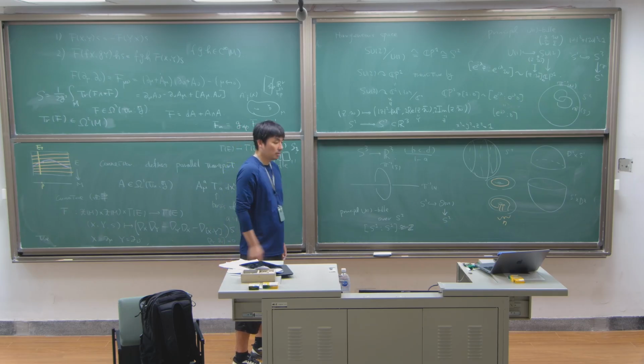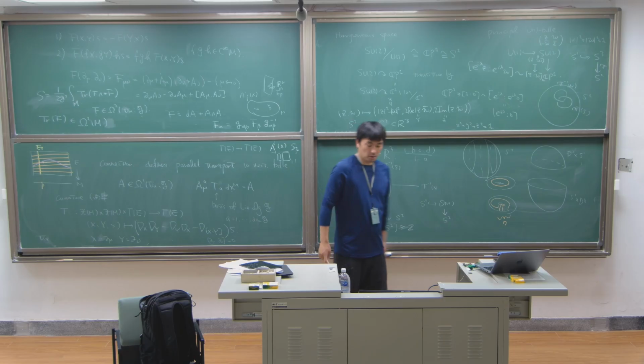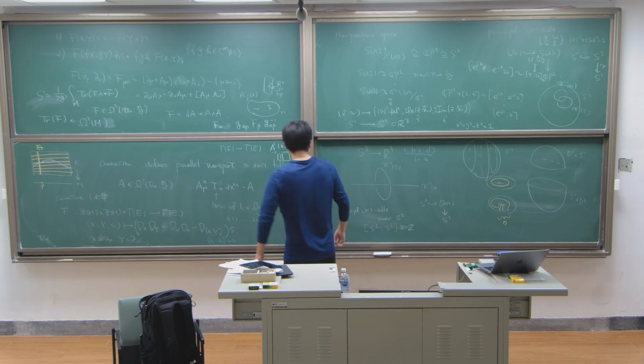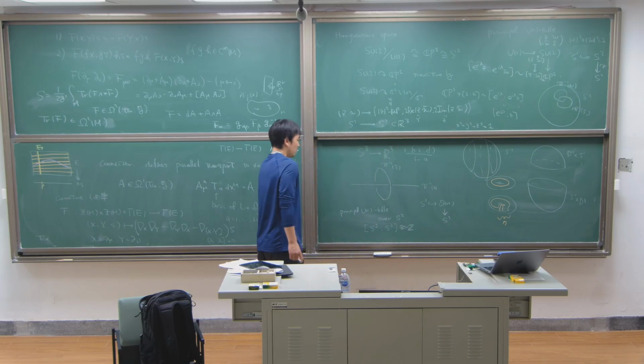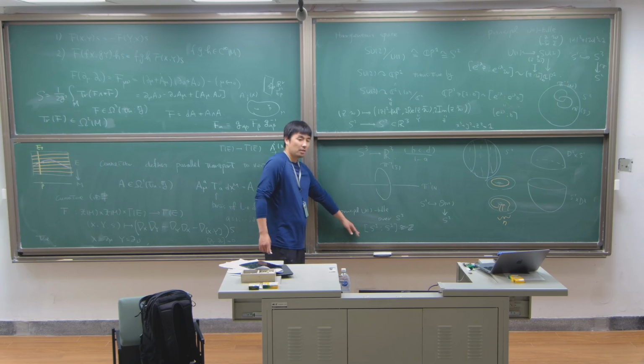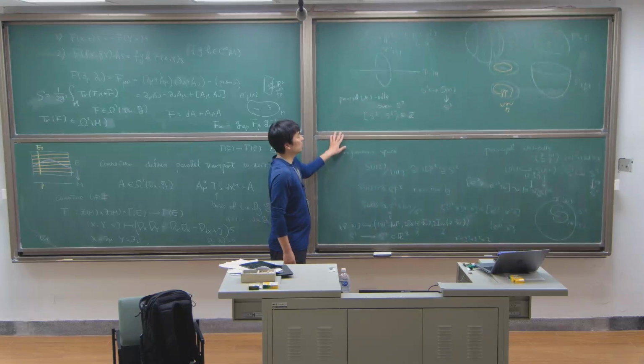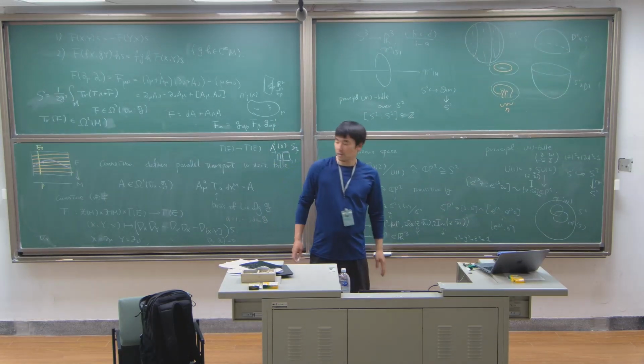Principal U1 bundle. For a vector bundle, you can construct the associated bundle based on this principal U1 bundle.